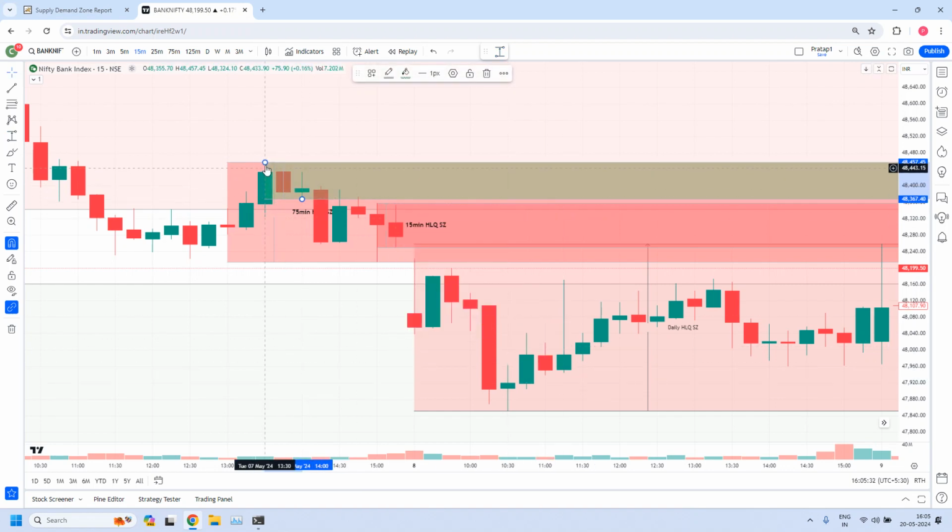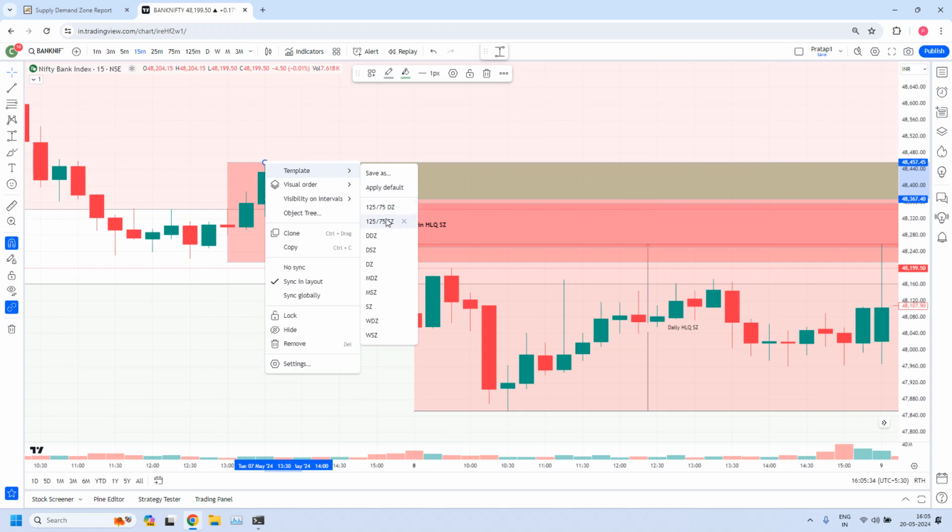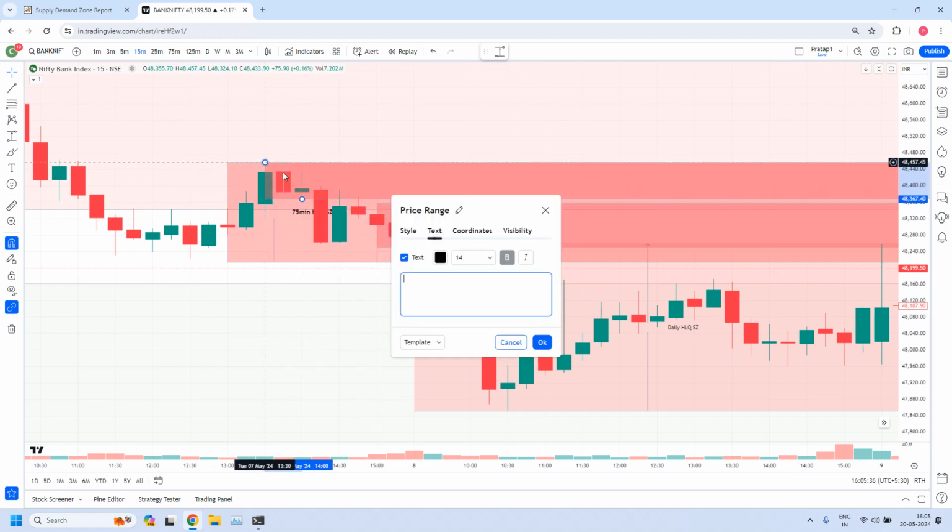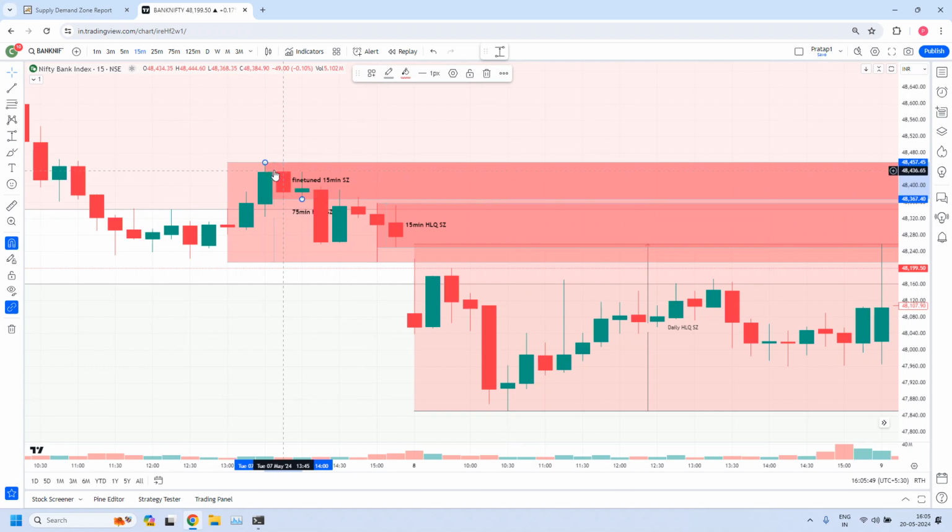Let me change the color. This is a fine-tuned 15-minute supply zone. If you have a fine-tuned 5-minute zone, you can plan a HLQ trade.